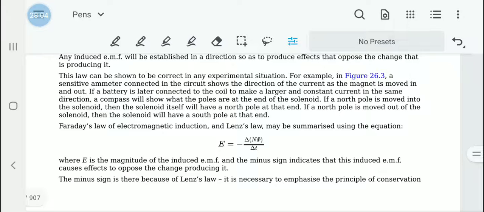So E is the magnitude of the EMF and the minus sign shows that the induced EMF causes effects to oppose the change producing it. So the effect that is producing the EMF is opposed by the direction of the EMF. The minus sign comes because of Lenz's law.